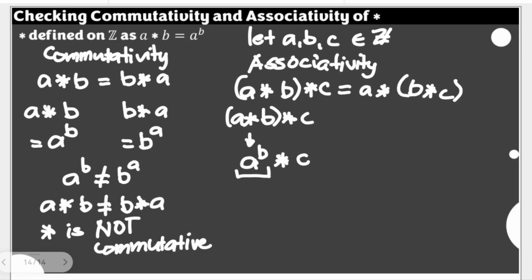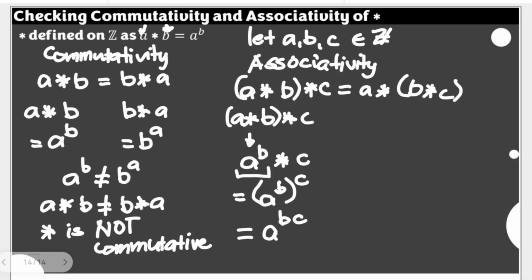In short, this would be our new A, and our C is our new B. So A star B is your A, and this would be raised to C. We have A to the power of B, to the power of C, and by means of the power law, you will have A to the power of BC. This is the result for the first grouping, A star B, then star C. Hopefully you're following that.